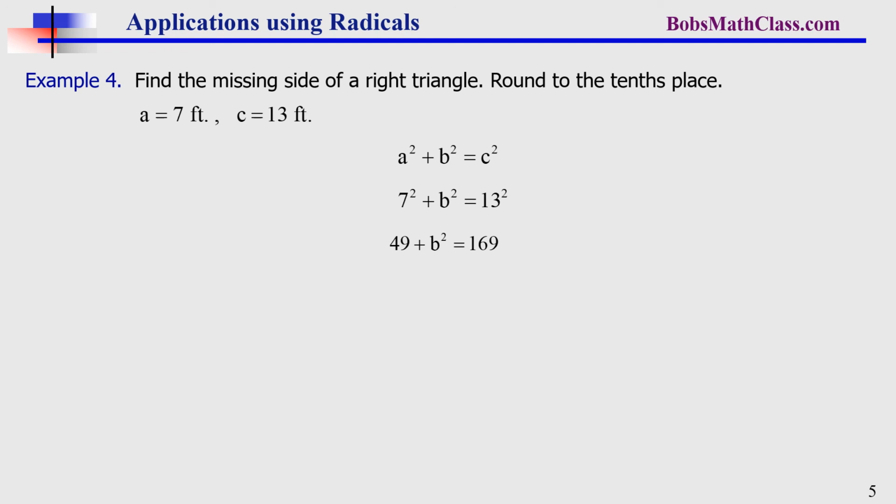Unless we're factoring, but this one is squared, but there's not another B term, so that's why there's no factoring here. So we can subtract 49 on both sides to get the letter by itself. So minus 49 on both sides. And that gives us B squared equals 120.